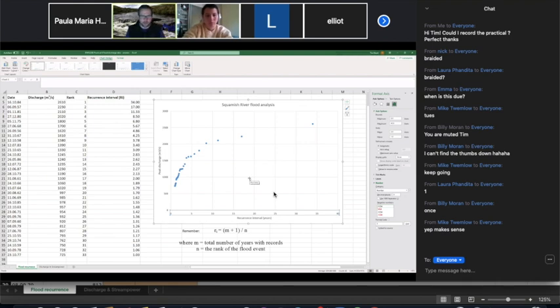Alright, so now what we want to do is view this as a linear trend. I mean, this is basically a logarithmic curve here. But you can see we've got one flood on record that was huge, with a low recurrence interval right out here by itself.